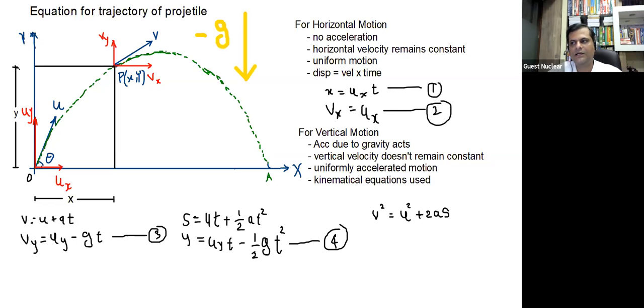Okay, so in place of v, vy will come and its square kept as it is, which is going to be equal to uy, its square as it is, and a is going to be replaced by this minus g, right?